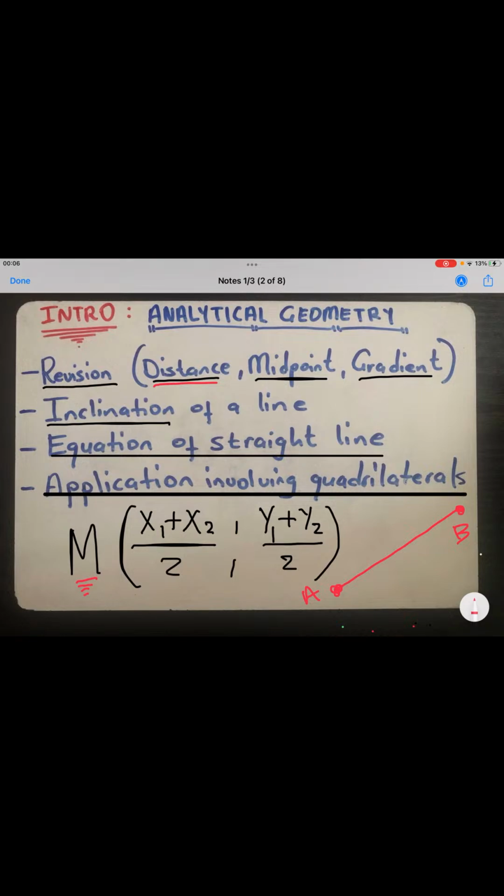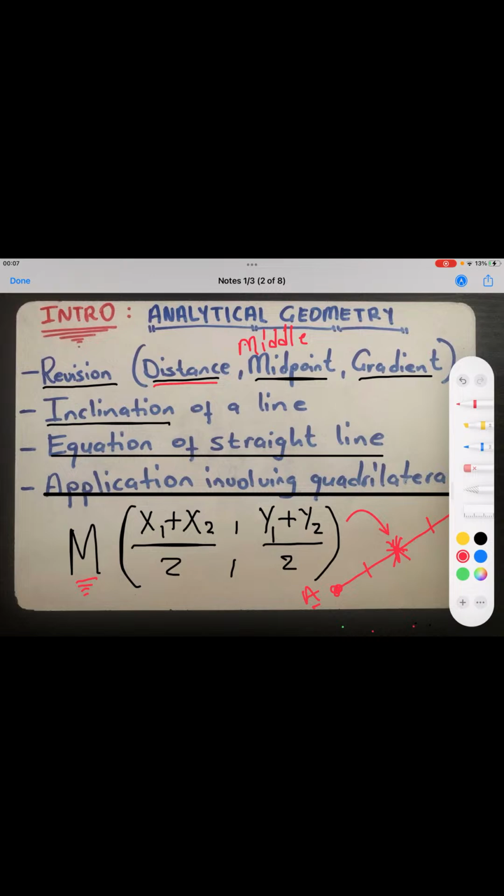So midpoint has to remind you of the word middle. That means a point which is in the middle of point A and B. This side is equal to that side, because this formula helps you calculate the middle point. That's all that you need to remember with regards to the midpoint.